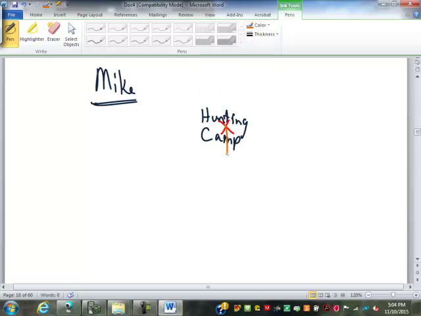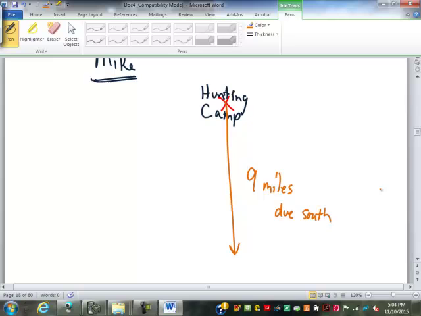From hunting camp, he walks 9 miles due south, at which point Mike turns and walks due west for 12 miles.